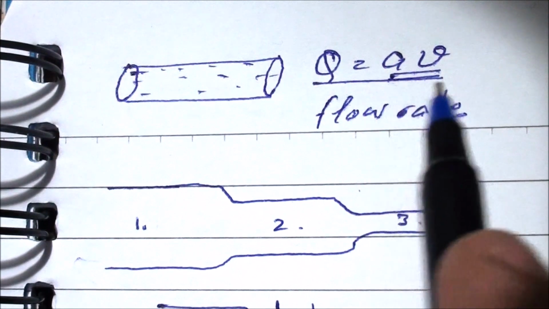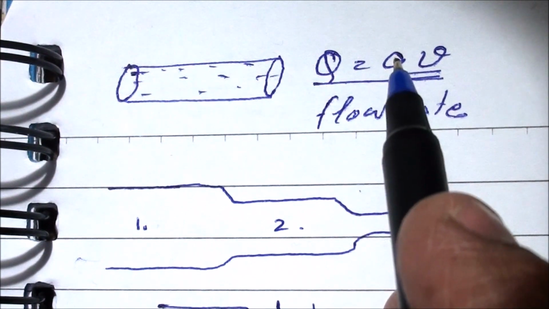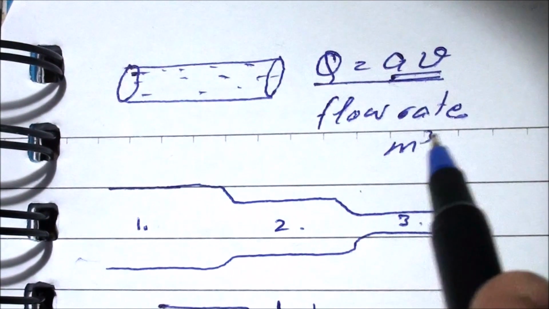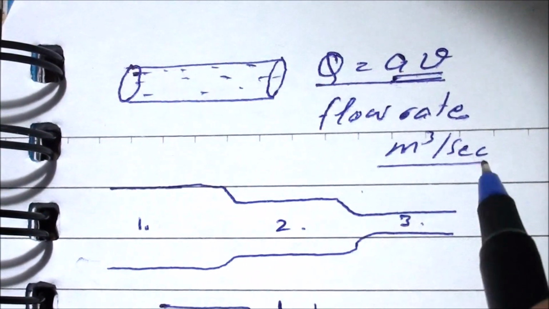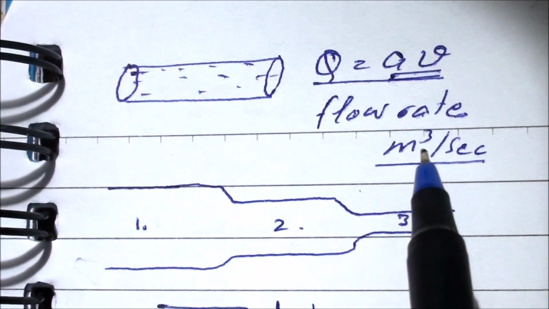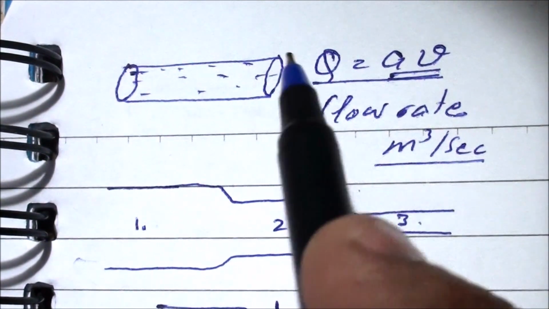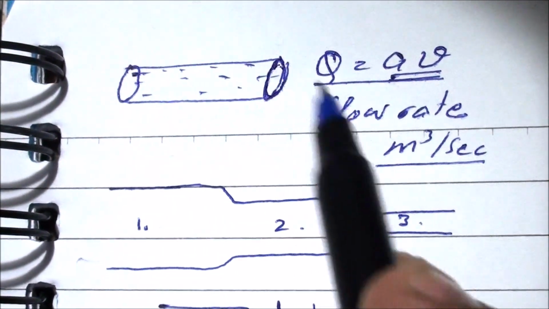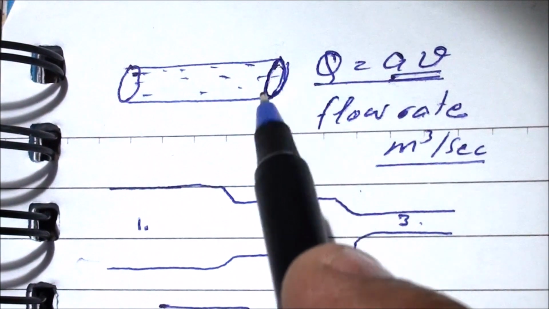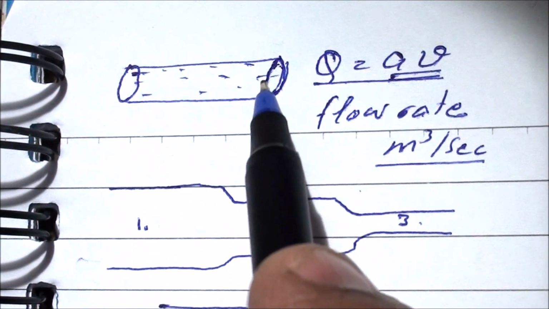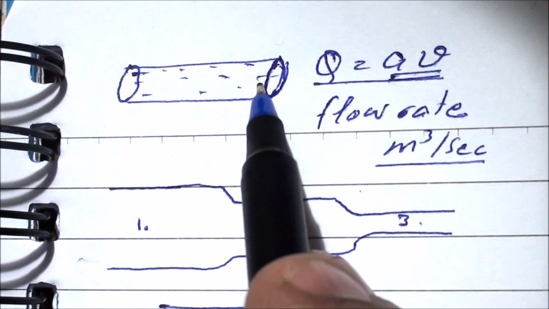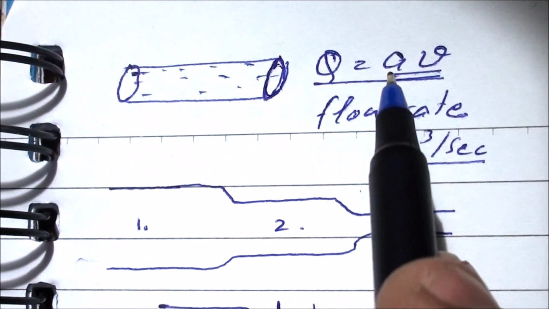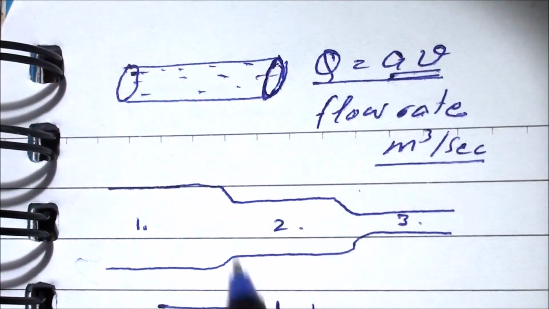If we see the unit of this quantity, area is meter square and velocity is meter per second, so it is cubic meter per second, which means the volume of liquid flowing per second. So in a way it tells us the volume of liquid flowing per second through any cross section. So we see how much water, for example, is coming out of it in 1 second volume wise. That is the flow rate, product of area and velocity.